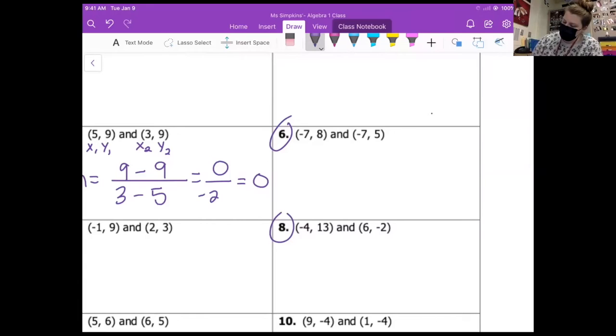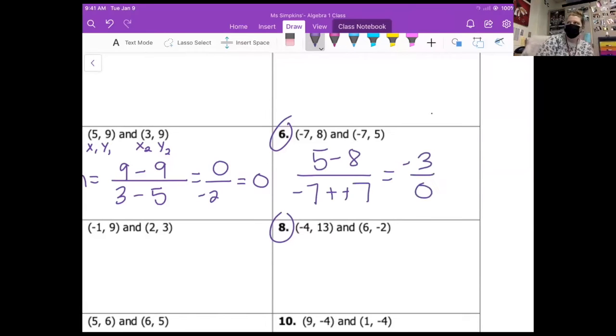Okay, so for number 6, you should have had 5 minus 8 over -7. And I had a lot of people do this incorrectly. It should be minus -7, so that's going to end up changing to a plus here. A lot of people answered -14 in the denominator, but remember that changes to plus. So that would be -3 over 0. It's undefined.